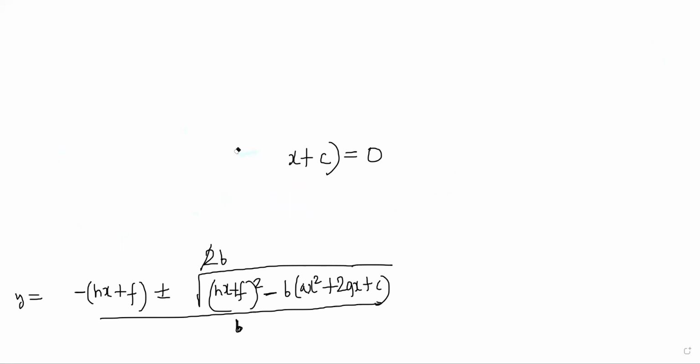Like y and x both should have power 1, right? Y already has a power 1 here, and x has a power 1 here, but here there is a problem. It is under a root, right?